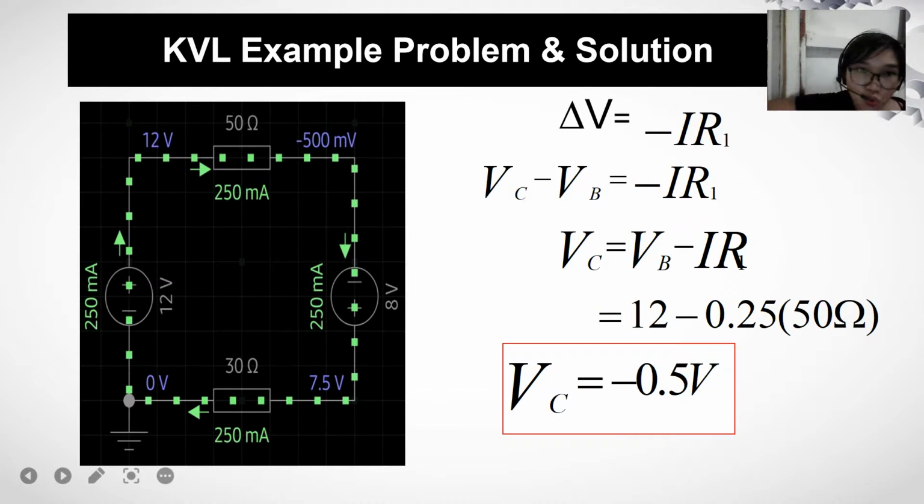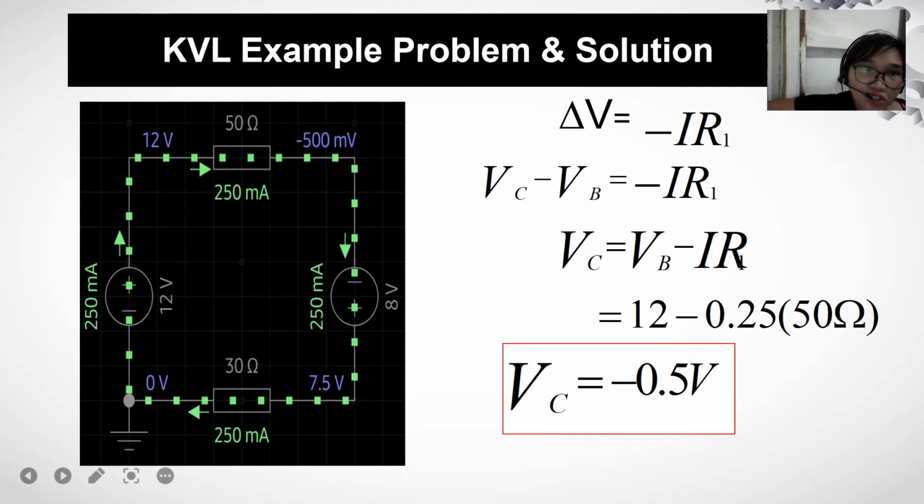VC is equal to VB minus I R1, which is 12 minus 0.25 times 50, and we have VC equal to negative 0.5 volts.